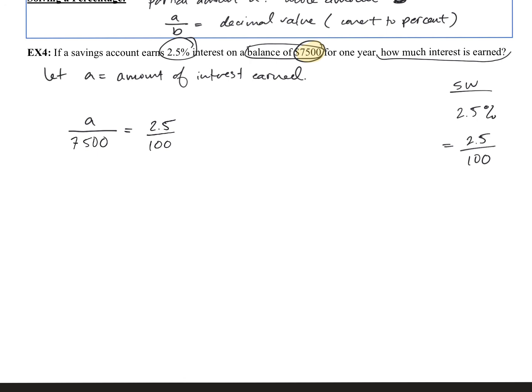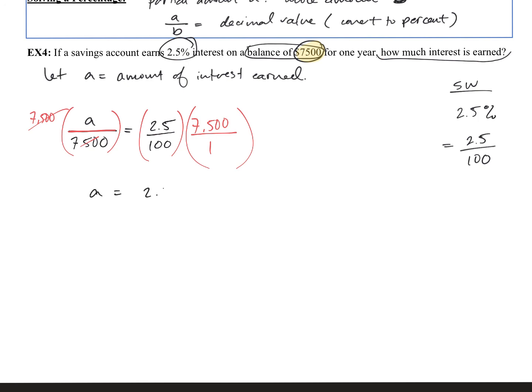answer. Okay, how do I solve this? Well, A is being divided by that 7,500. So how do I undo division? To undo it, we'll multiply. So go ahead and multiply both sides by the 7,500. I'll put that over 1. And then those guys cancel each other out, and we're left with A by itself.